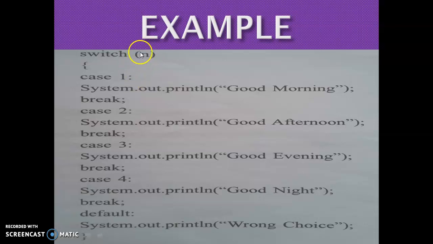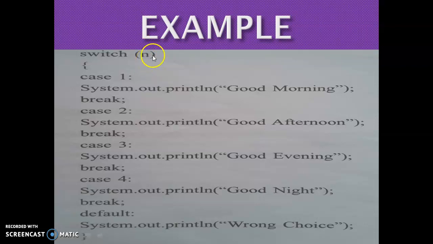So I am showing you using one integer type variable. In my later videos, when I explain switch case programs, I will show you how to use a character type variable also. Nothing to do, just use the variable name.